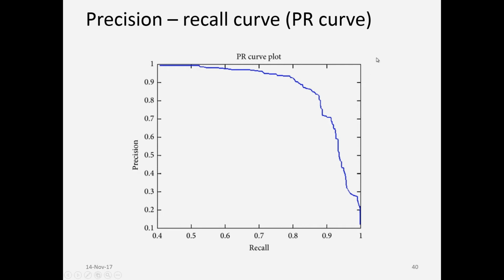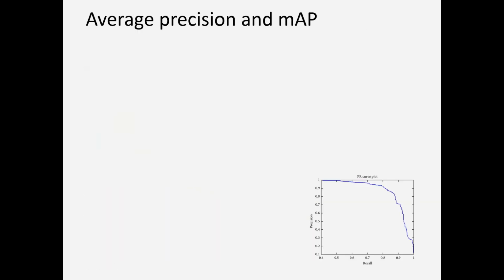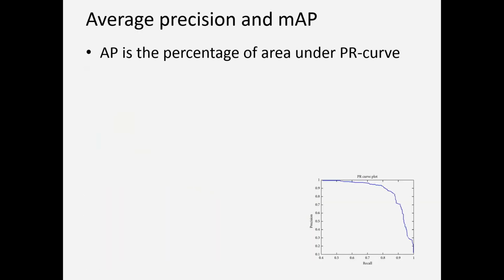If I have a perfect system, then the average precision will be just 1, or 100%. So that's basic average precision, and therefore the higher the average precision, the better.